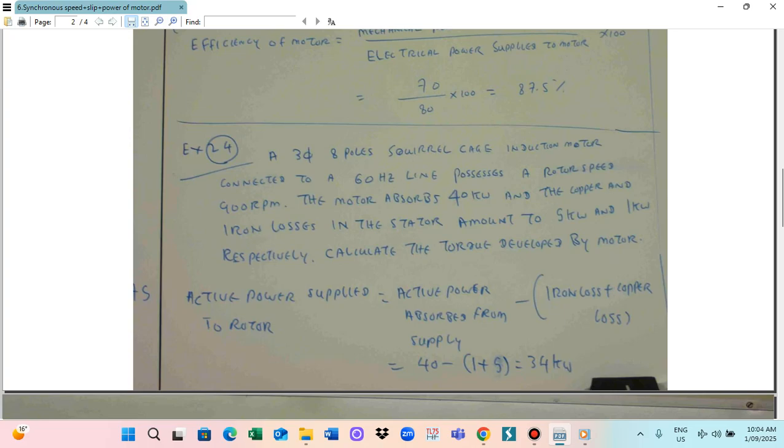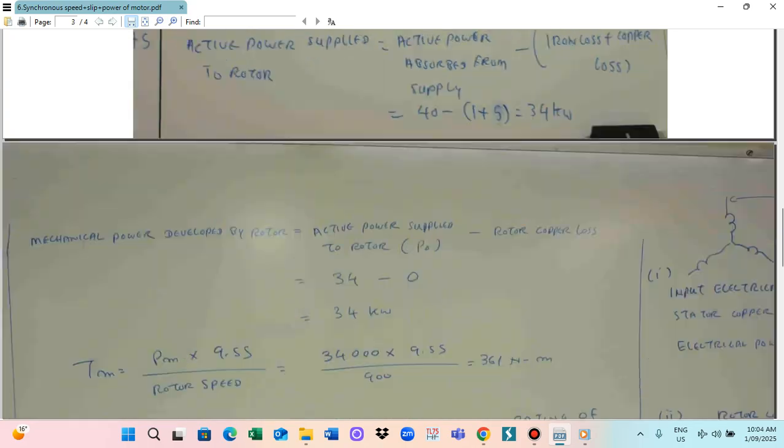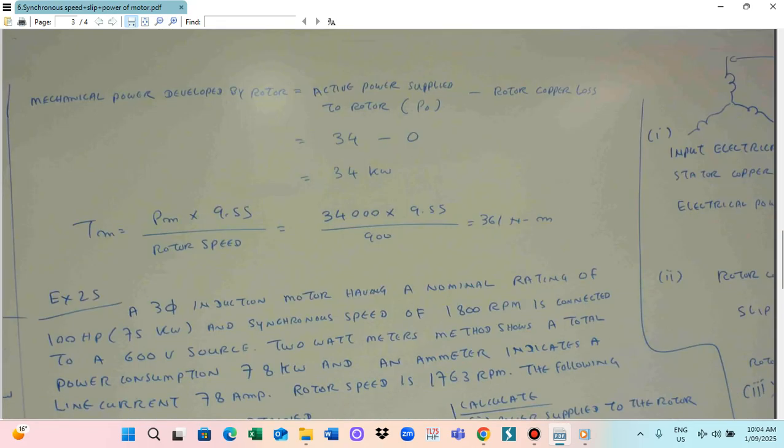And then we also need to calculate the mechanical power developed by the rotor. So the equation we use is the active power supply to the rotor minus the rotor copper loss.